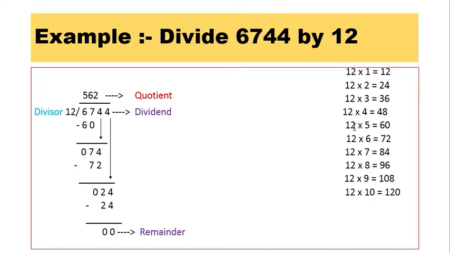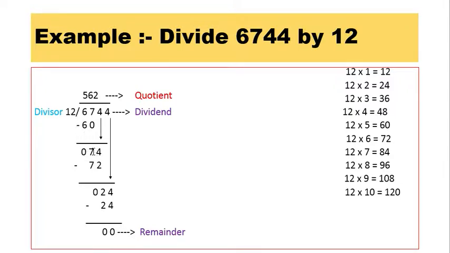Which is the nearest number to 67? Yes, 12 multiplied by 5 is equal to 60. It means 12 5s are 60. Write it here, 60, and minus it. 7 minus 0 is 7. 6 minus 6 is 0. Now again we have only 7 here. 7 is less than 12.